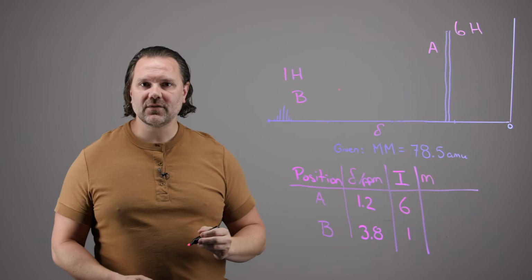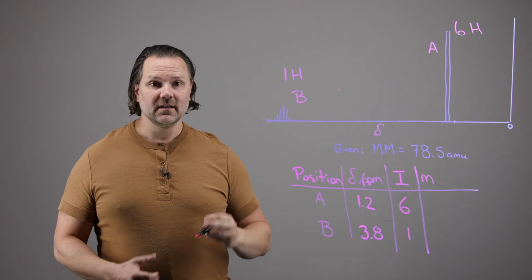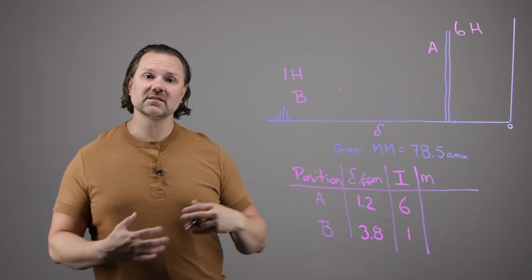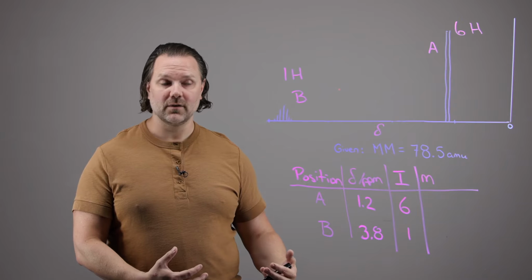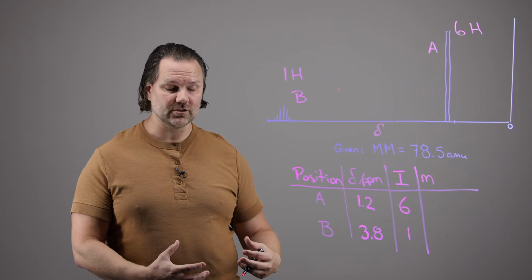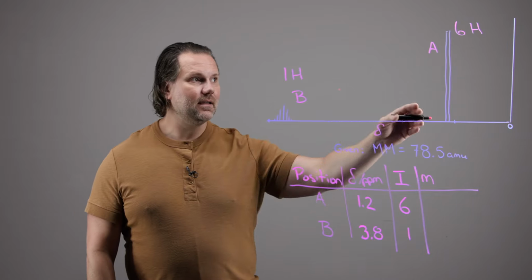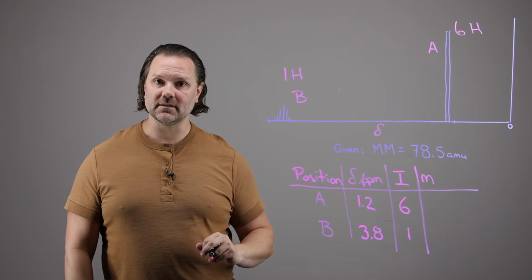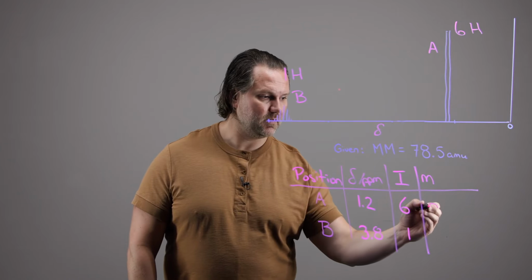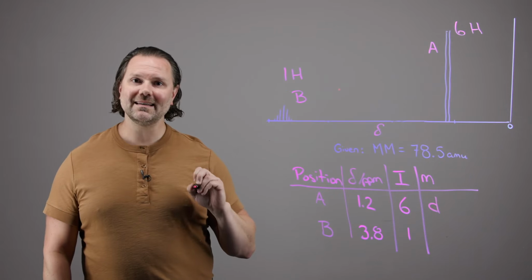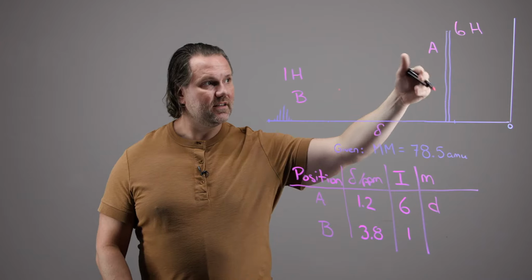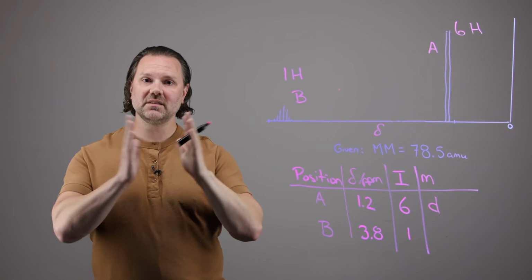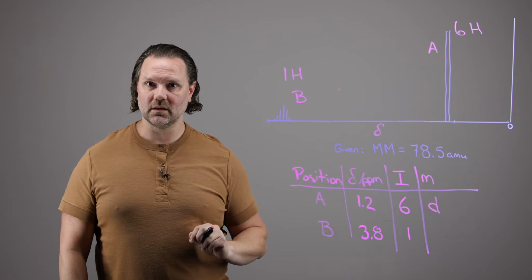Next, we want to identify the multiplicity of our signals. Because remember, multiplicity tells us information about how many neighboring hydrogens there are for that group of equivalent hydrogens. Peak A is a doublet. And a doublet means that there is one neighboring proton that is causing this set of equivalent hydrogens to be split from a singlet into a doublet.